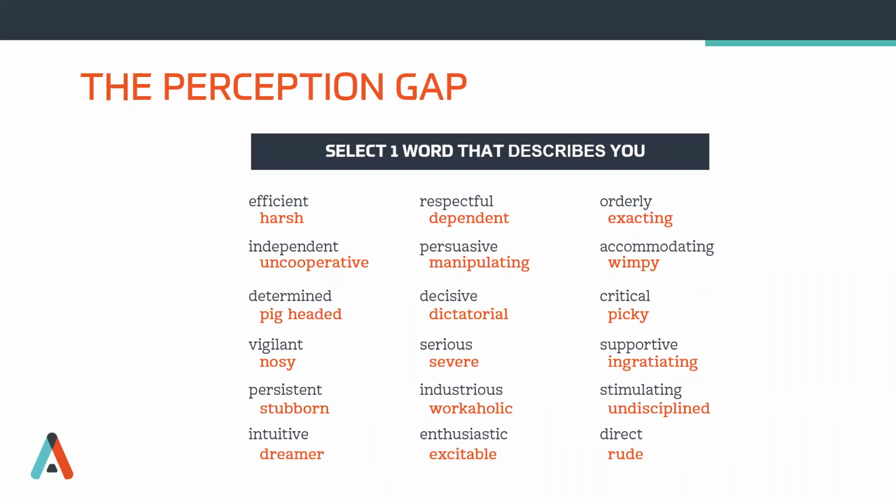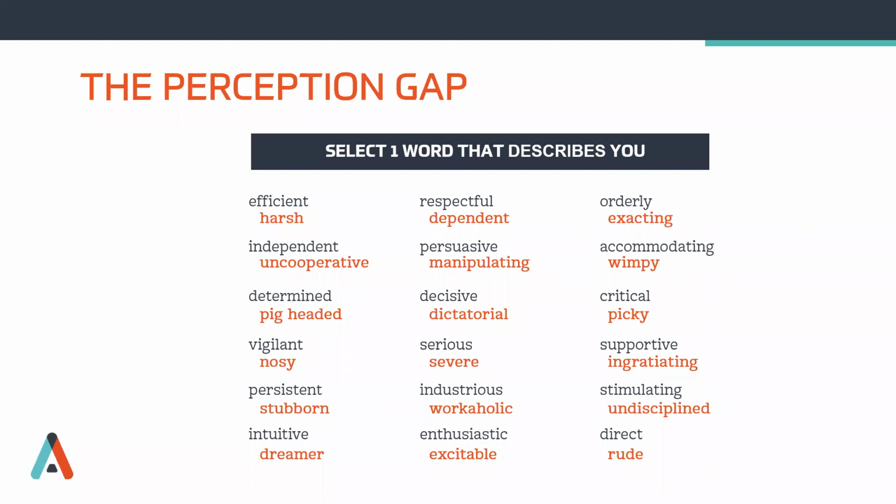And so I hope that you are seeing that orange, really not so great word that just appeared below whatever you had selected for yourself. And you are questioning or wondering to yourself, what does that have to do with the word I picked? Unfortunately, in having the opportunity to work with a number of folks, when we think about this perception gap here, chances are you do resonate or you do connect with that not so great orange term.